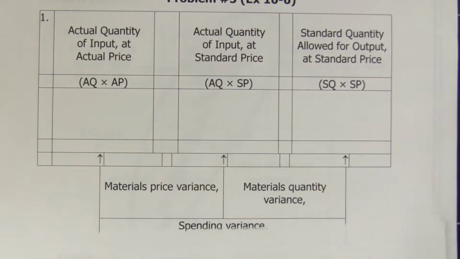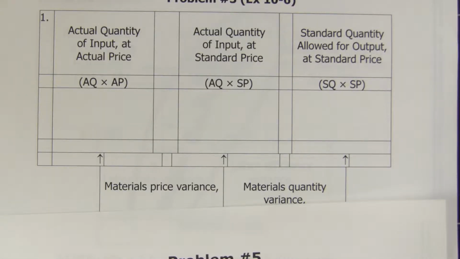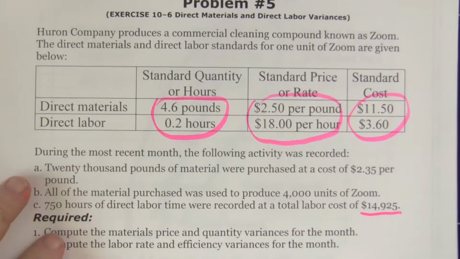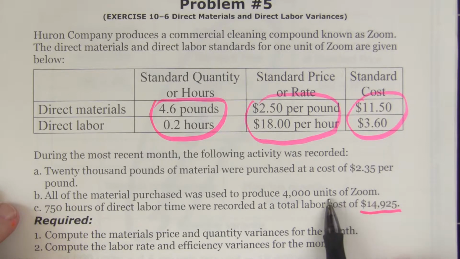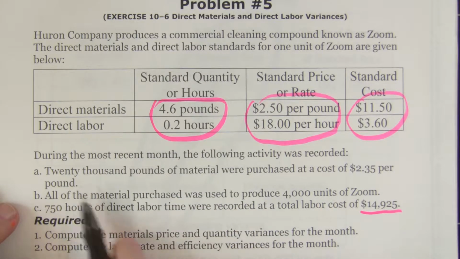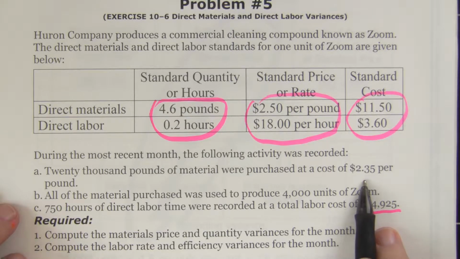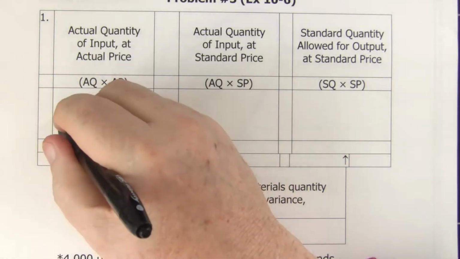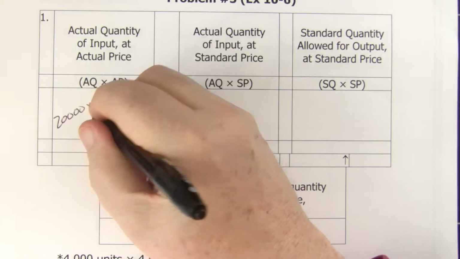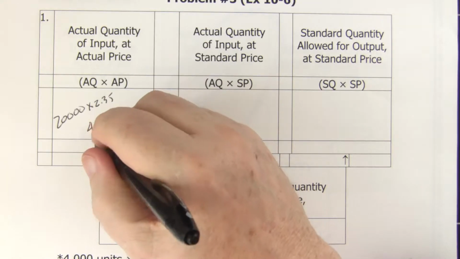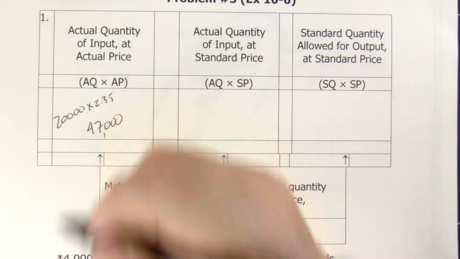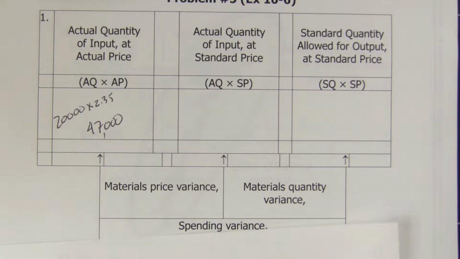We'll do materials first. The actual quantity times the actual price. Well, they give us that, I believe. They purchased 20,000 pounds of material at $2.35 per pound. So 20,000 times $2.35 per pound is $47,000 that we spent for the actual quantity times the actual price.